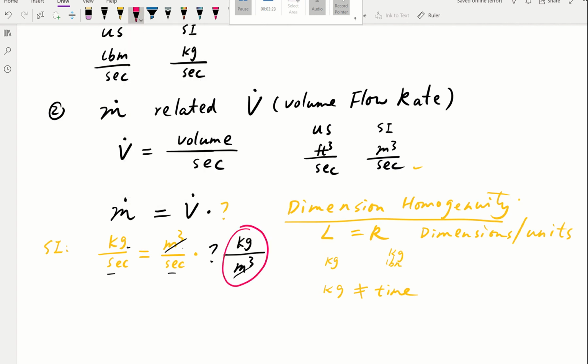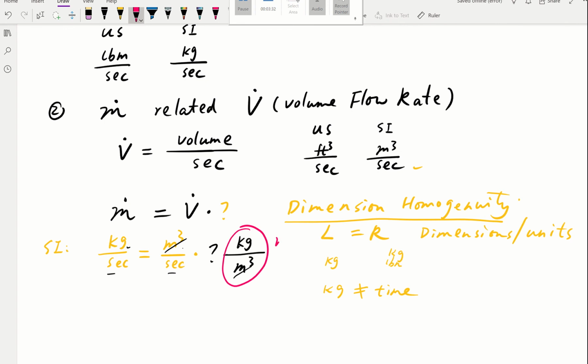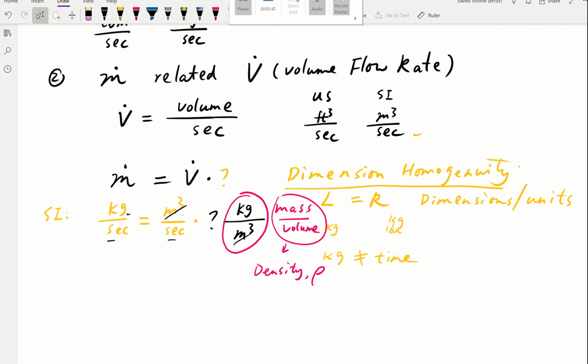What is kilogram, which is mass, divided by meter cubed, which is volume? Mass over volume is going to be our density, rho. So now you've got the missing piece. We can write down this entire equation: mass flow rate is equal to volume flow rate times density.